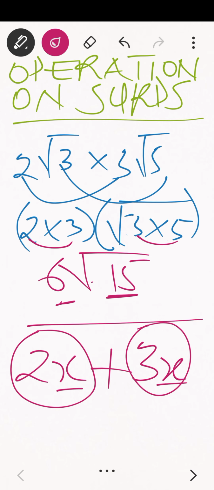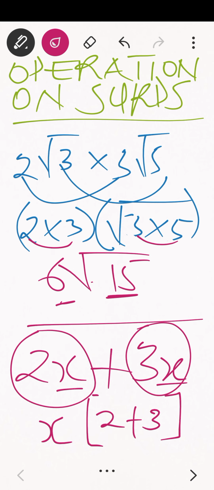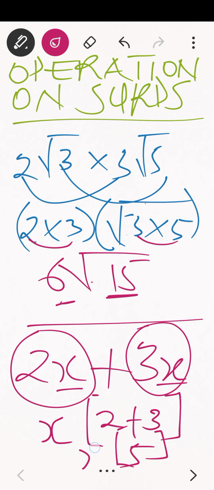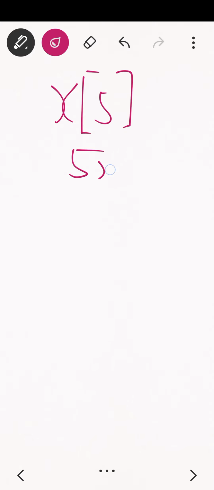In that case, if you want to add, we can decide to factorize our x out, and so we will be left with 2 plus 3 inside here. So the sum of 2 and 3 will be 5, multiplying our x outside. So that should give us 5x.